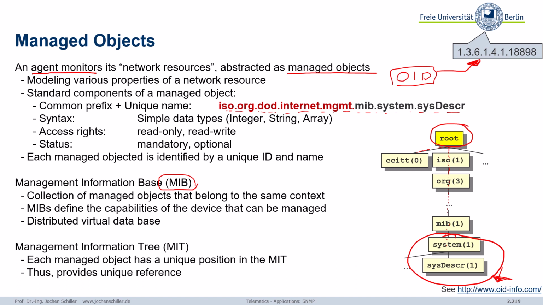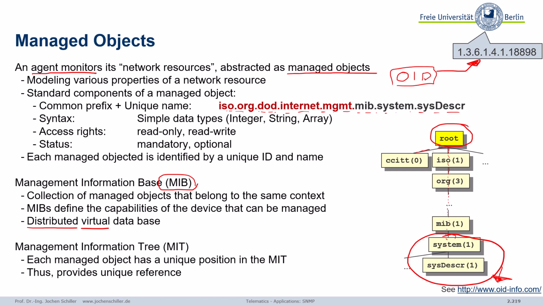There is no central tree stored somewhere. It's basically a distributed and virtual database. So there's not the big database, but all the devices store a part of the tree they are responsible for. So the part they write, for example, their temperature values, their logs, their buffer fill size, etc.